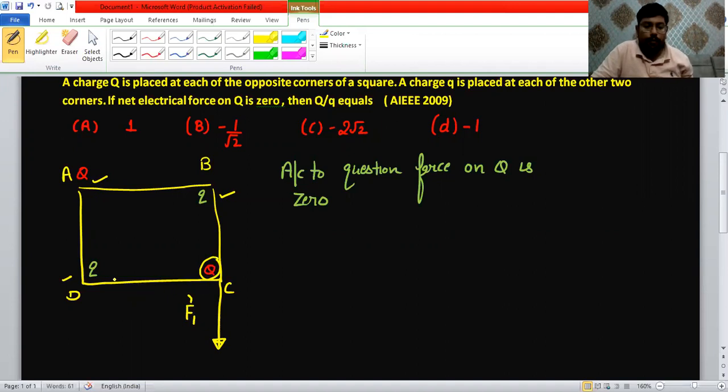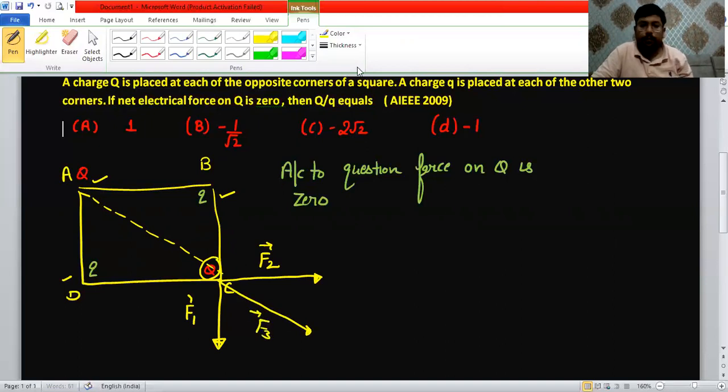Force on capital Q due to charge at D is also repulsive in nature, which is directed along the line DC. So we can write this force as F2 vector. And force on capital Q at C due to charge at A is also repulsive in nature, which is directed along this diagonal. Let us write it as F3 vector.